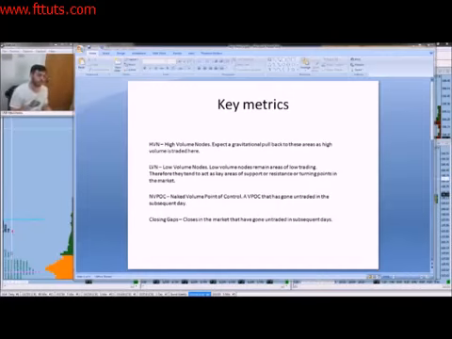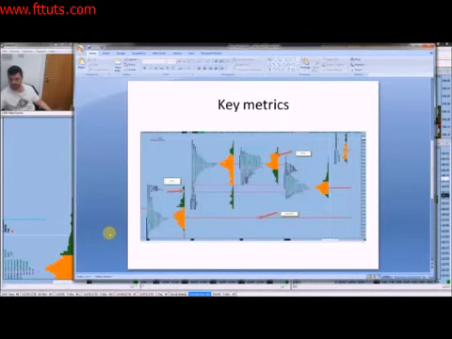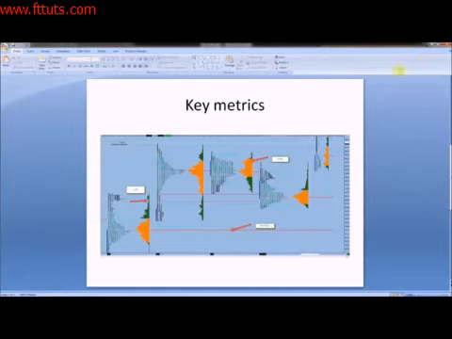So, four quite simple concepts, but we're going to go through them in real-time charts as well as our charts that we've got here. These are part of our key metrics. I'm just going to widen it up a bit, so I'll drop off the screen so that you guys can see it.